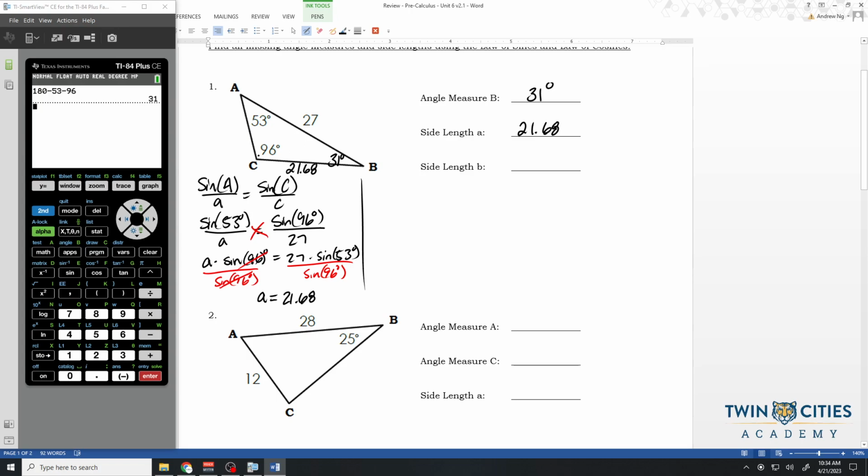And lastly, I can use law of sines again to find the side length of b. So let's do sine of B over little b is equal to the sine of, let's use C since those were given to us, over little c. So this will be the sine of 31 degrees over some unknown b is equal to the sine of 96 degrees over 27.